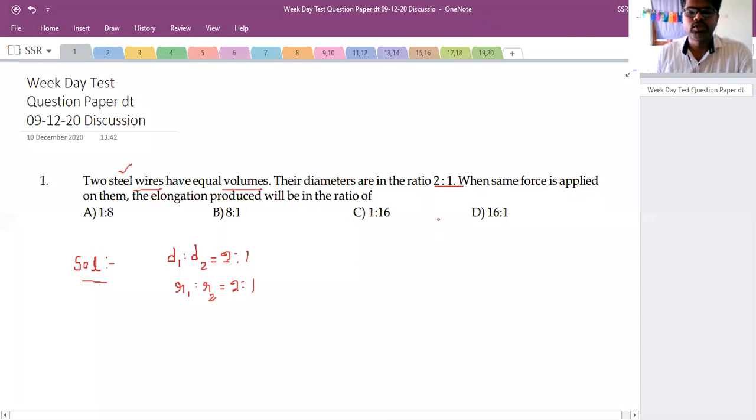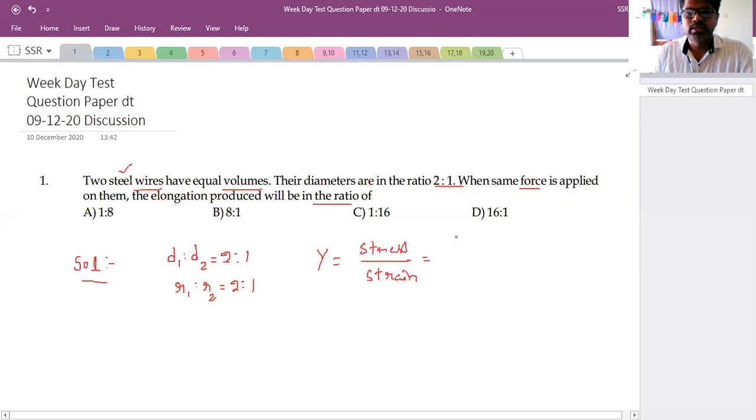It won't change. When the same force is applied on them, force is the same for the two wires, then the elongation produced is in the ratio. First we can apply Young's modulus for the wire: Y is equal to longitudinal stress by longitudinal strain.